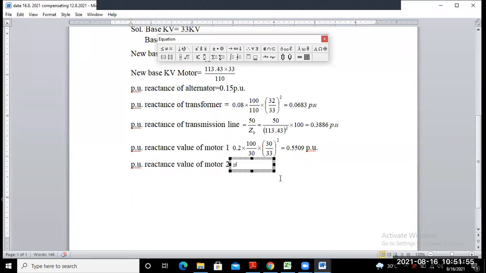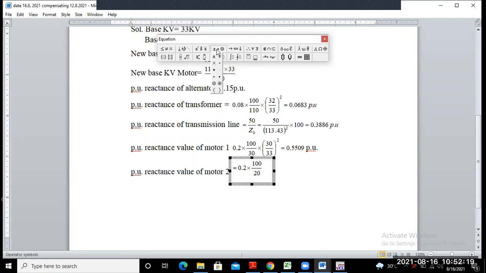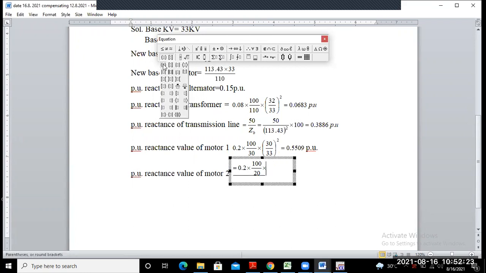So just put here 0.2 into MVA new by MVA old. So here the value of MVA new equals 100 and MVA old is your 20, into kilovolt base old by kilovolt base new whole square.